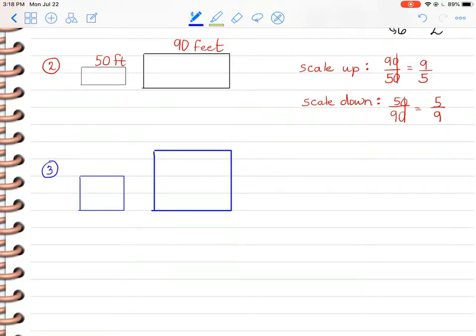So width on the baby is 6 miles, and on the mama is 12 miles. So to scale up, mama goes first. Mama is twice the size of baby. And if you scale down, baby goes first. Baby is half mama's size.